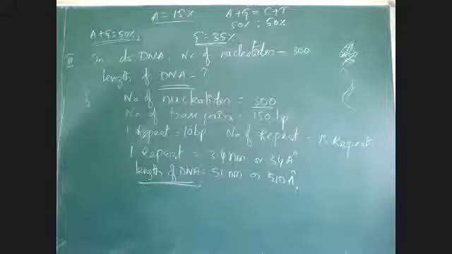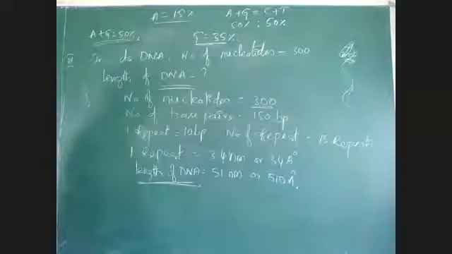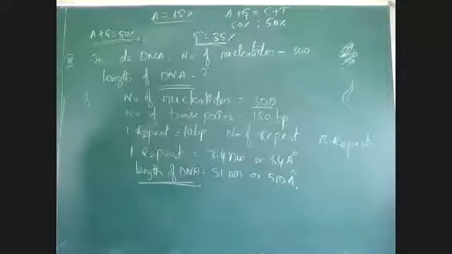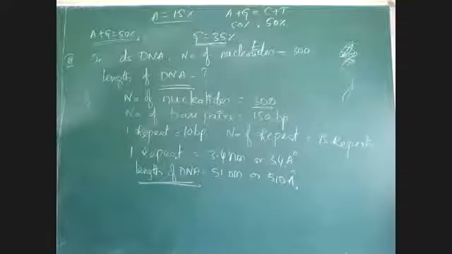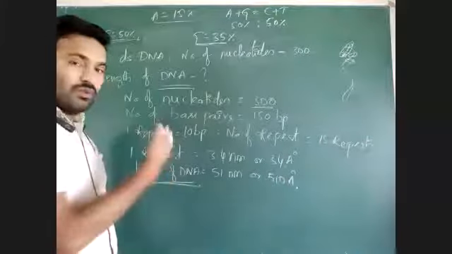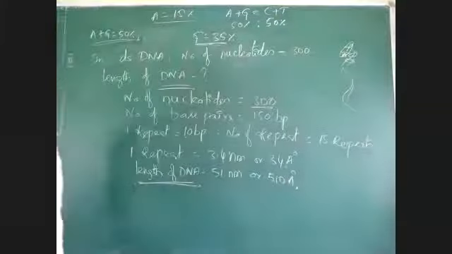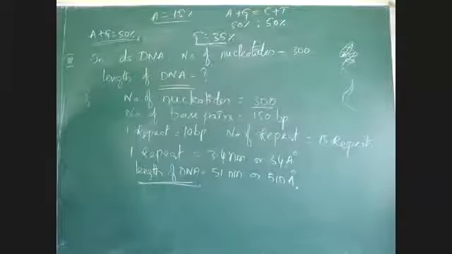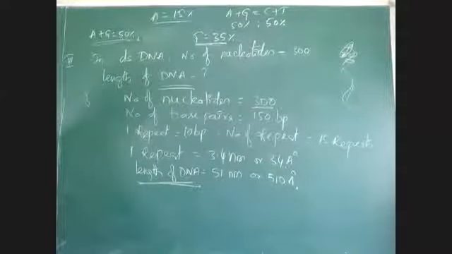I told you when we are considering double stranded DNA, we need to take BDNA only. We need to take BDNA as a reference. Okay. Now, can you solve the data related to length of DNA? Tell me. If any questions come means, then you can calculate, right?